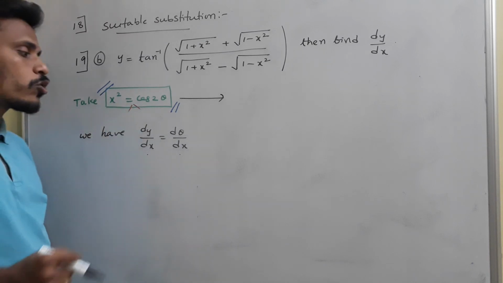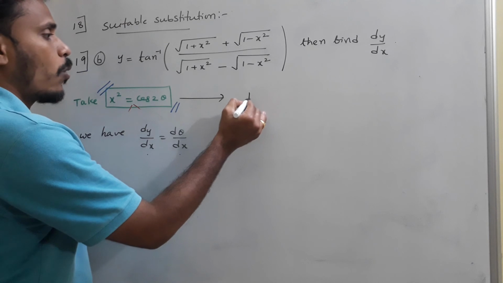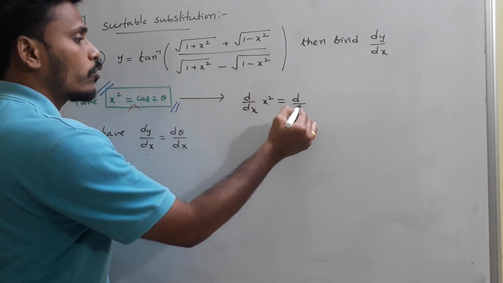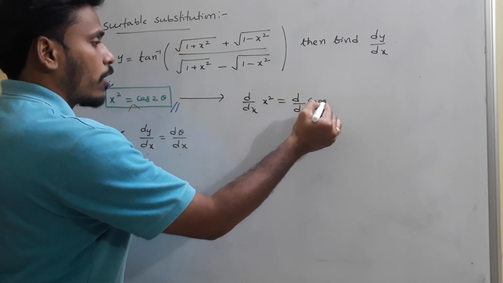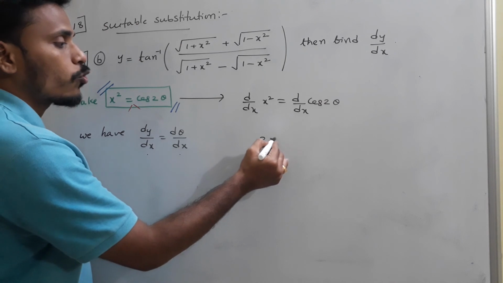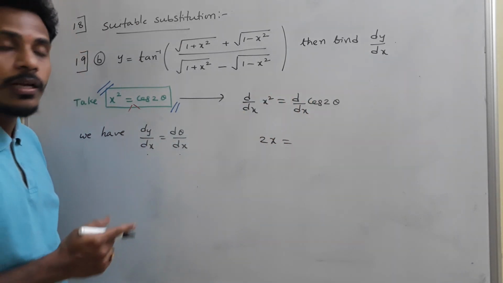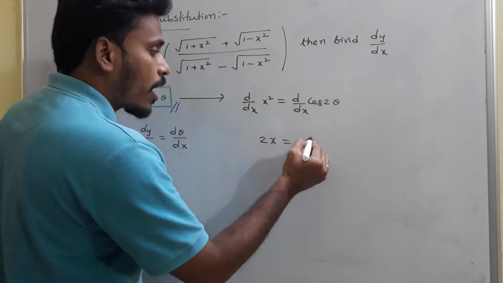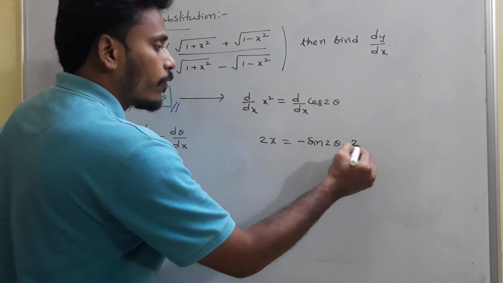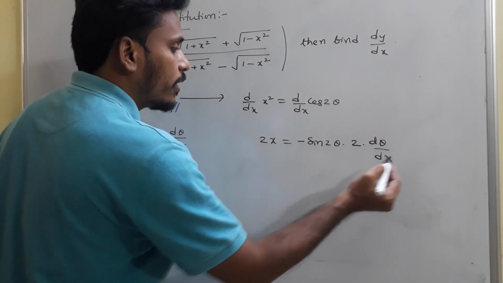Since x square is equal to cos 2 theta, you apply the derivative on both sides with respect to x. The derivative of x square is 2x. And the derivative of cos 2 theta: for cos the derivative is minus sin 2 theta, and for 2 theta the derivative is 2 times d theta by dx.